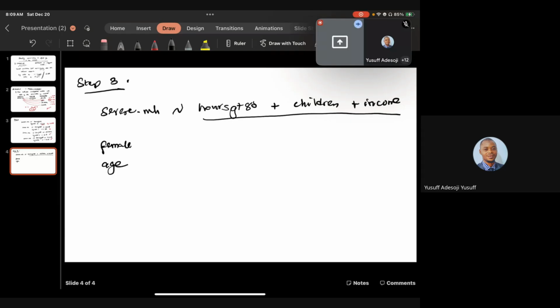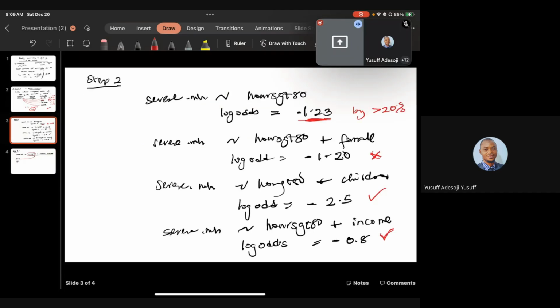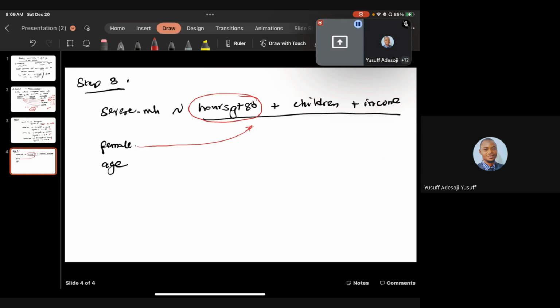Now, we will one by one add this into this model and look at what happens to the log odds. So if this log odds changes meaningfully, just like we did in this stage, let's say the log odds for this in this multiple regression initially was, let's say, minus 1.5.